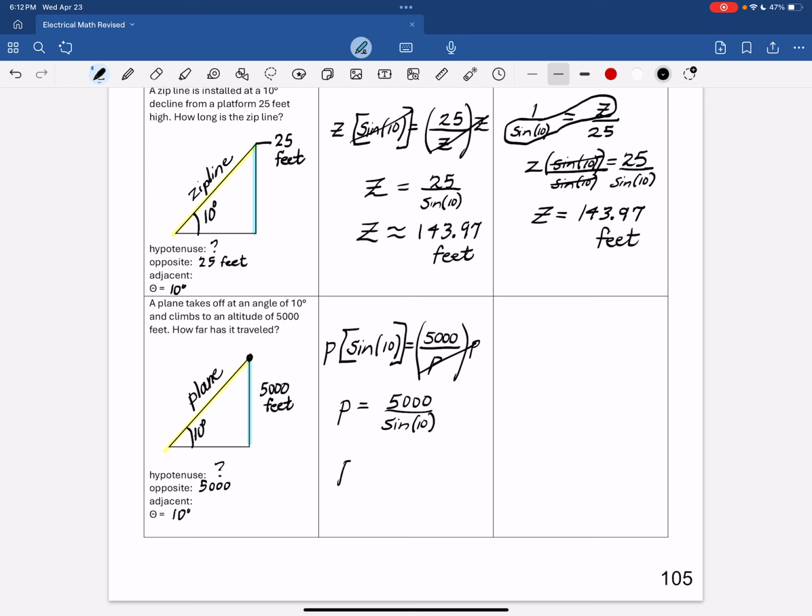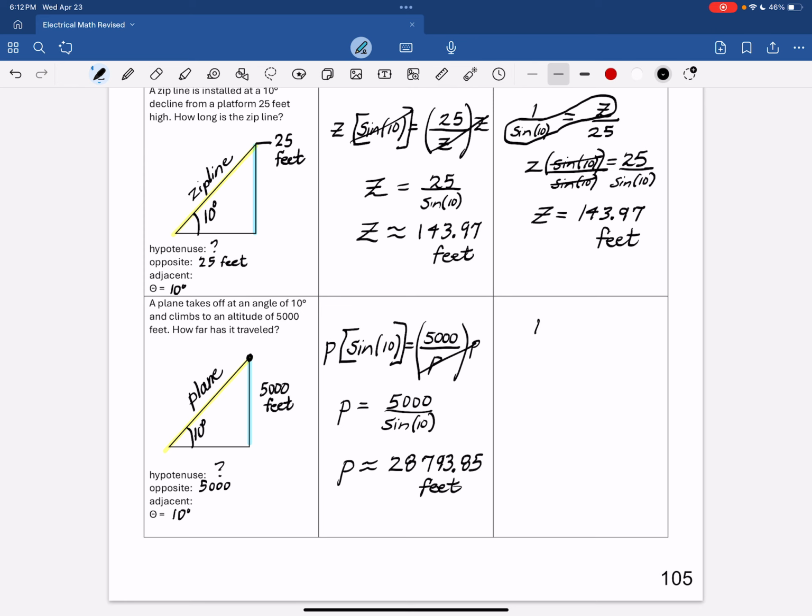And so the plane will have traveled 5,000 divided by the sine of 10, about 28,793.85 feet. Makes sense for an airplane.